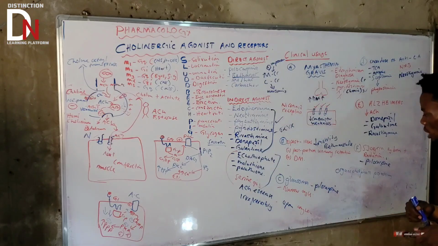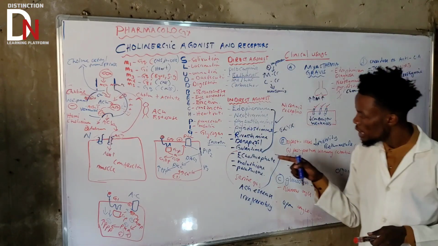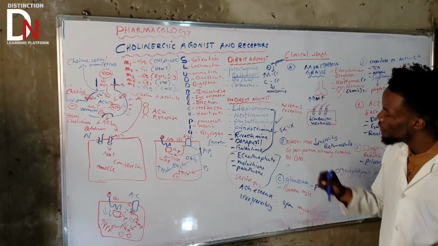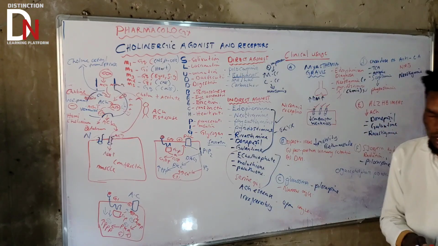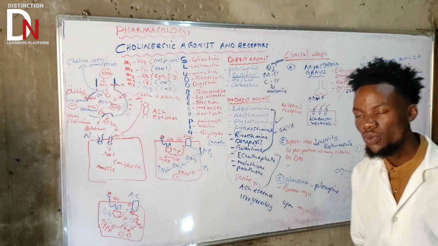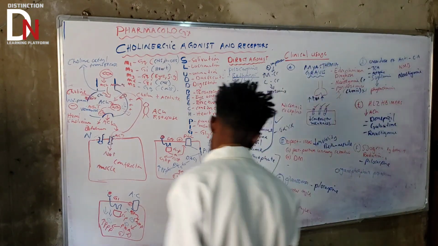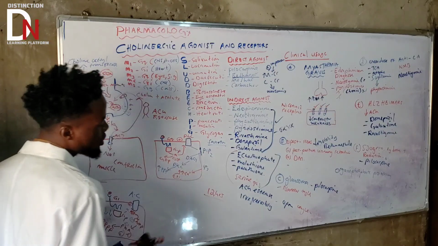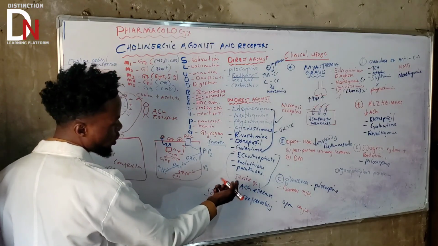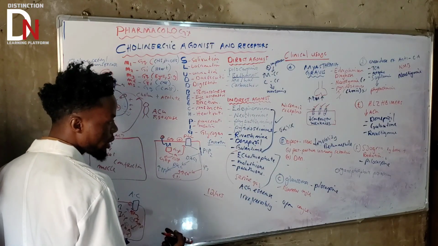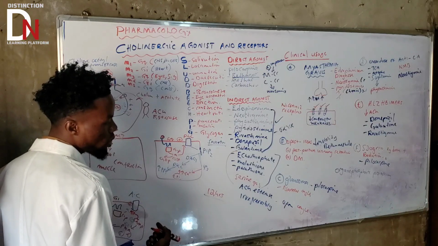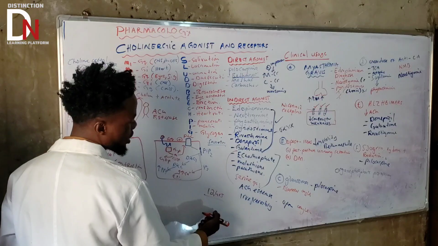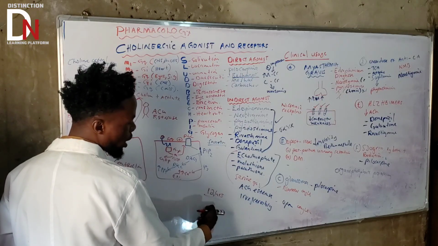Now for organophosphate poisoning, we put a certain time range. With sarin gas it is much shorter, maybe within about 3 hours, while echothiophate, parathion and malathion is within 12 hours.